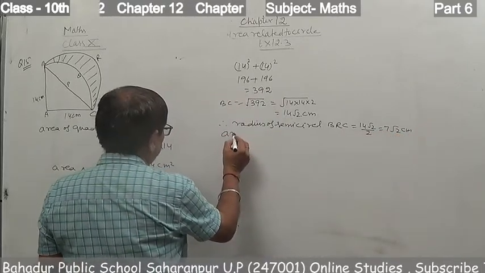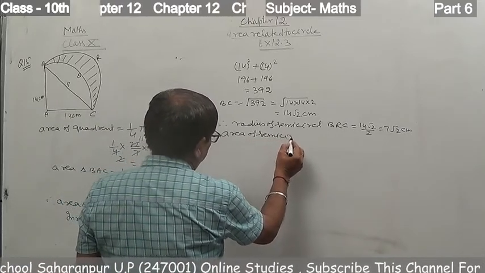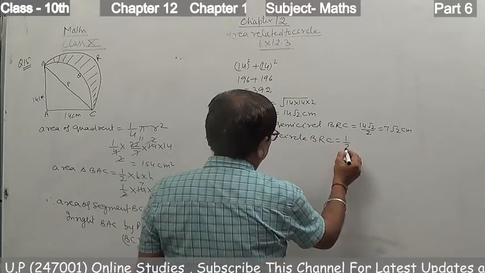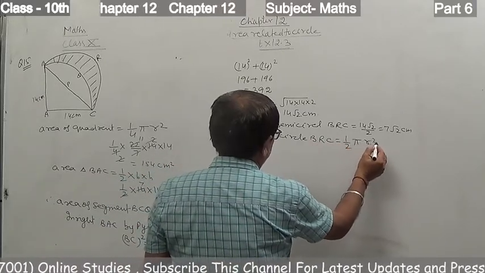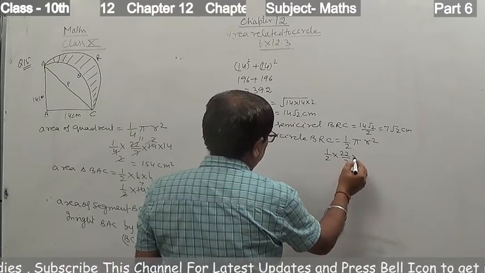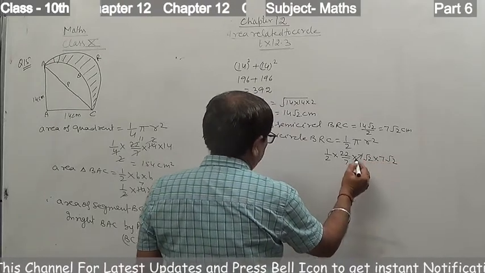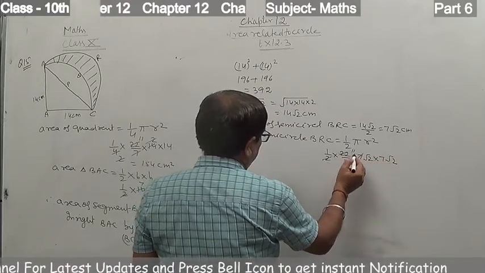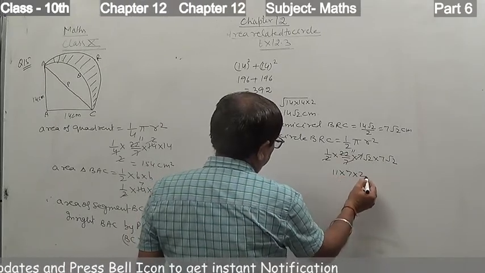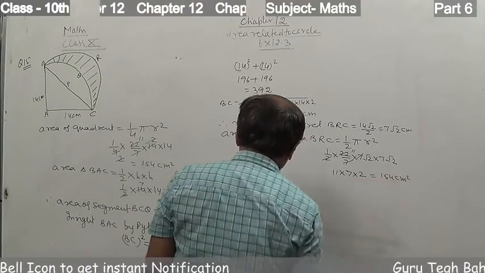Area of semicircle BRC is half pi r square, pi is 22 upon 7, 7 root 2, 7 root 2, 7 and 7 cancel, 2 11's, 11 into 7, root 2 into root 2 is 2, that is 154 centimeter square.